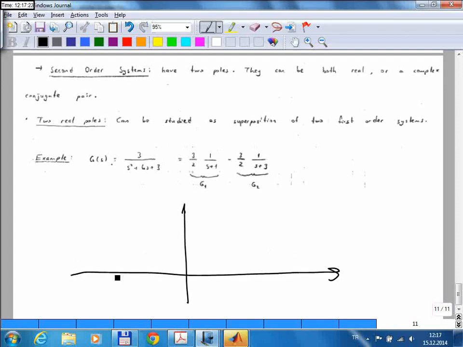In the first case, the pole had to be on the real axis. Now it can be anywhere as long as it's symmetric with respect to the real axis. But it can also be on the real axis, right? So this is also a possible pole configuration. You have one pole here and another pole here. Okay, so let's start with that special case.